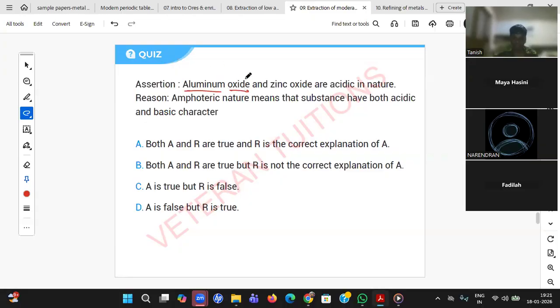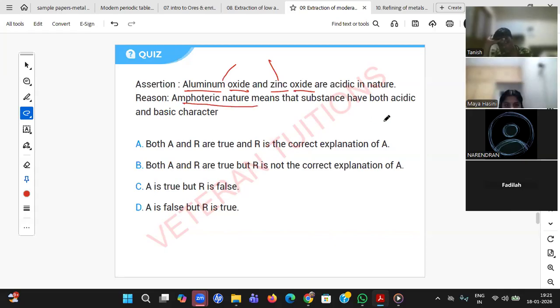Students, you all got confused. Metal oxides, what is this? Metal oxides are basic in nature. How can A be true? Amphoteric means they should react with both acid and base. Definitely. So A is false, R is true. Yes, Aparna. Maya, right.